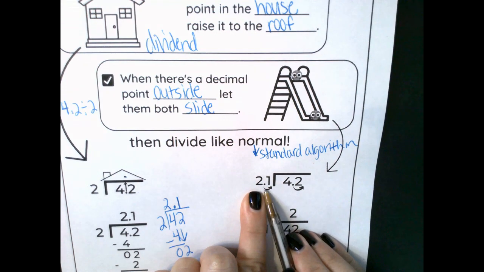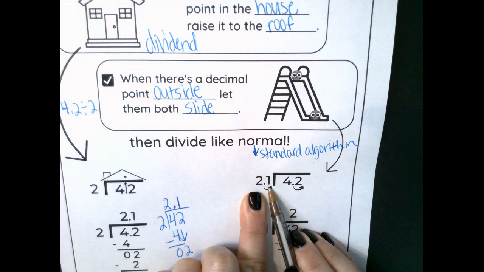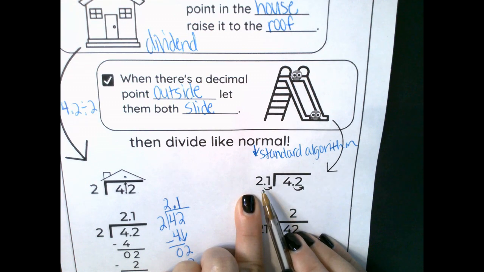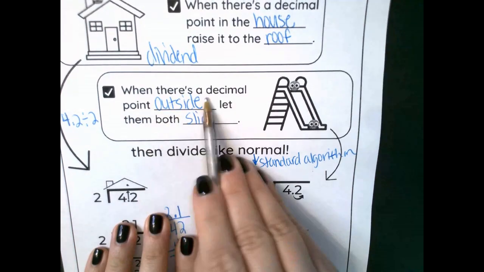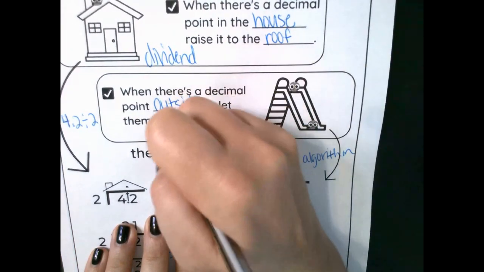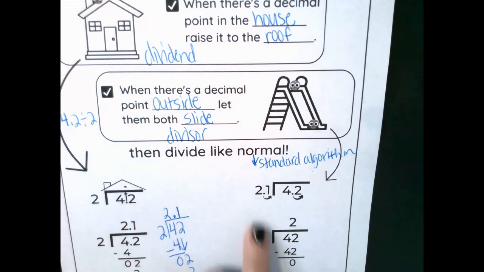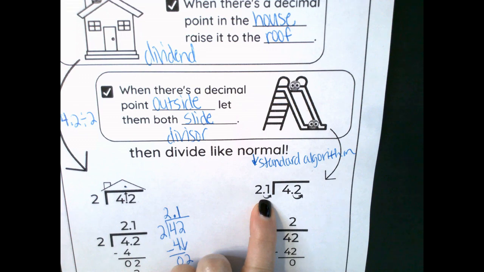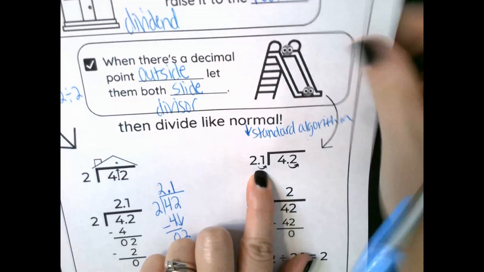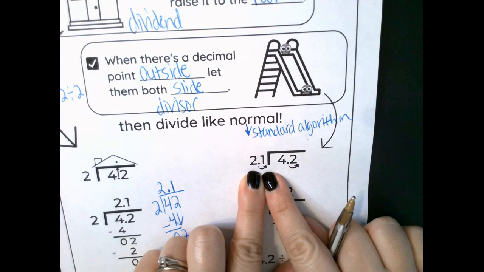What we mean by slide is bring them over until the divisor is a whole number. That is what's important. When there's a decimal point outside, that is referring to the divisor, because the divisor is outside. And we let them both slide.